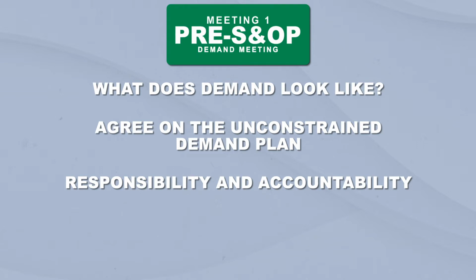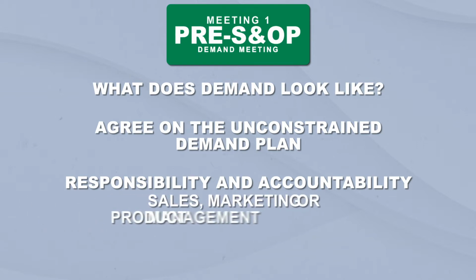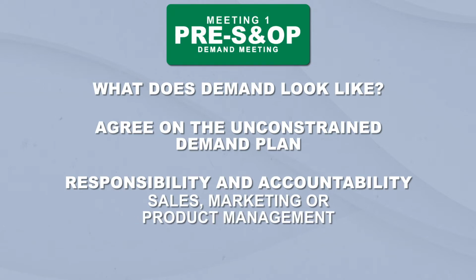So listen carefully. It's sales, marketing, or in some cases, product management. It needs to be based on reality, but we don't want to constrain this demand right from the beginning. So as such, operations should really not be running this meeting. They can participate, but we're looking for the external unconstrained view, so that's really the demand side of the organization.